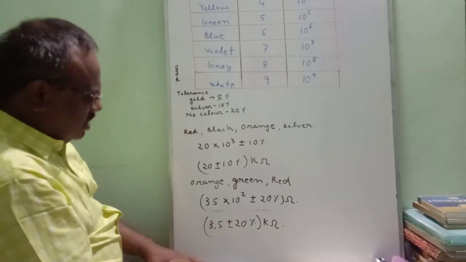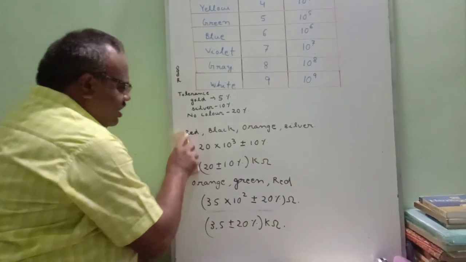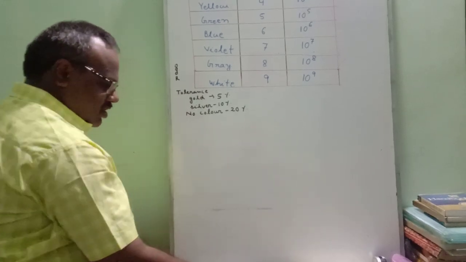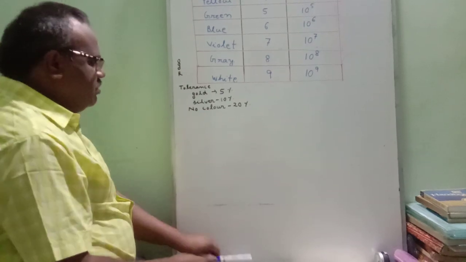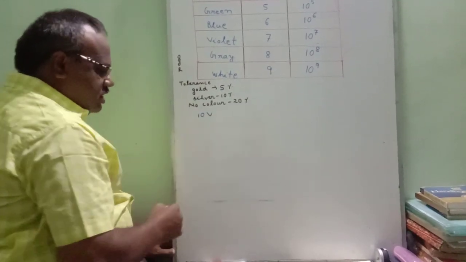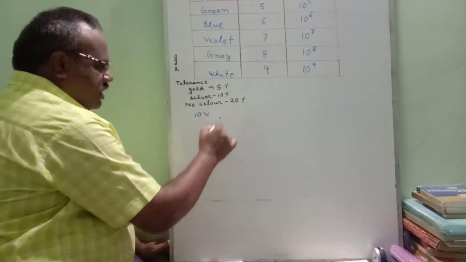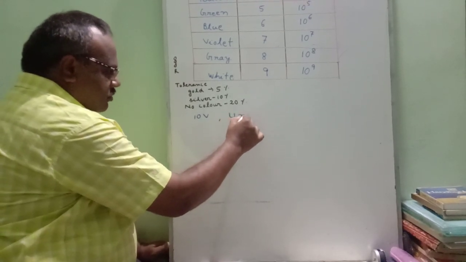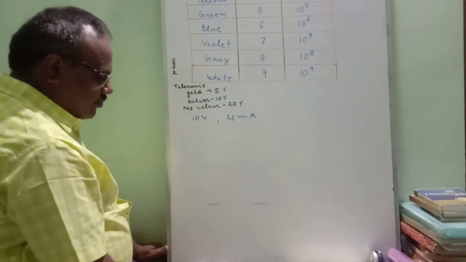Suppose a question is given that a potential difference of 10 volt is applied across a carbon resistor and a current of 4 milliampere flows through it.